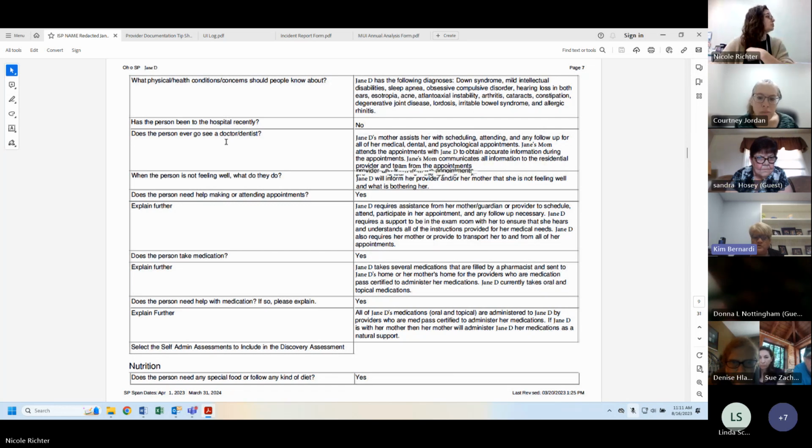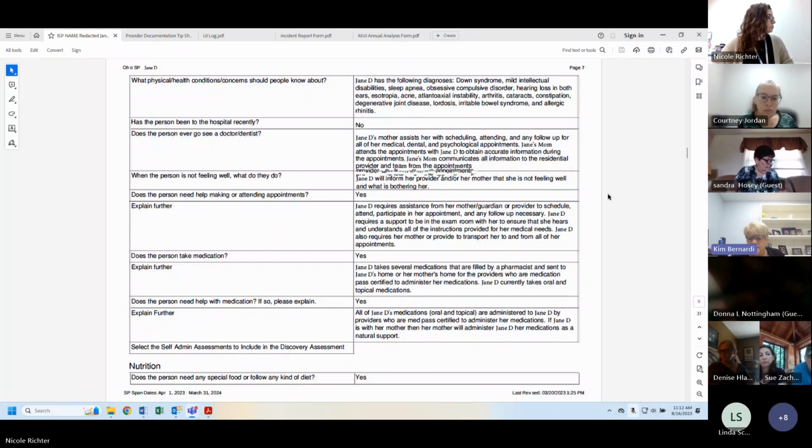All that information used to be on page 3 in the gatekeeper ISP. Now it's on pages 6 and 7 in healthy living. You can find whether they can self-administer their own medications or not, whether they need help with doctor's appointments, and what their diagnoses are. That's where you'll find this information.